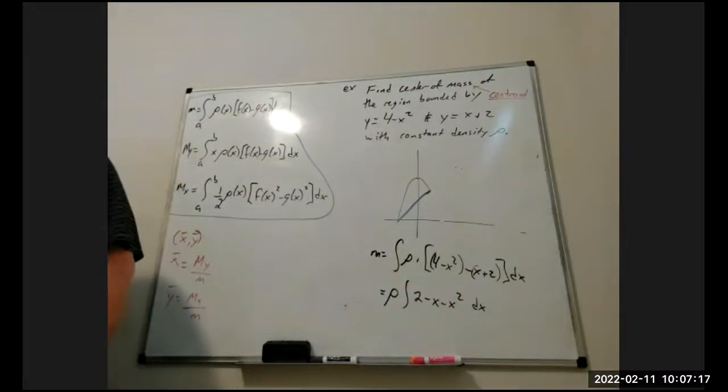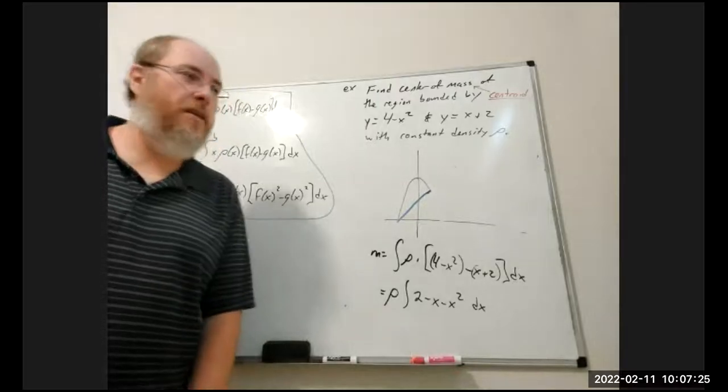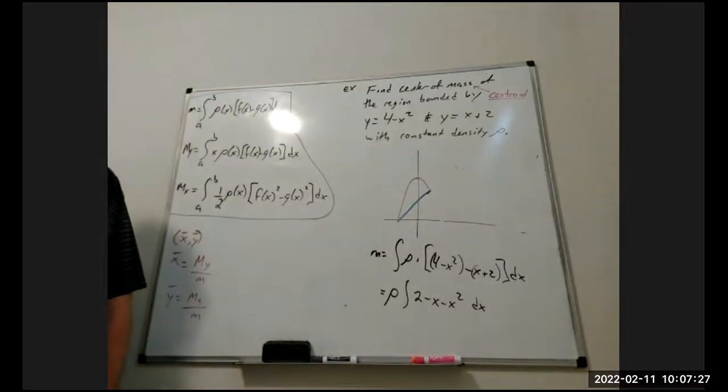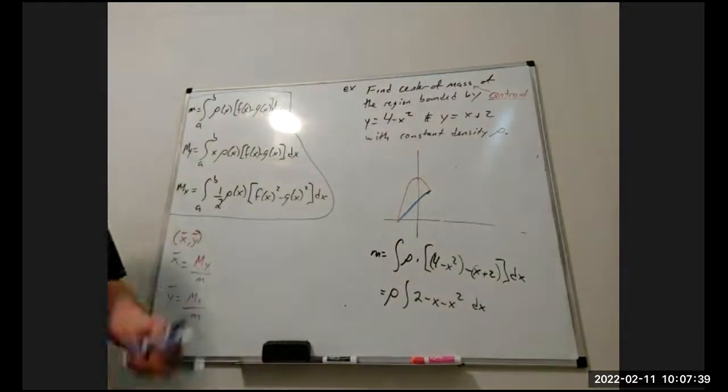But of course, we still need to get bounds on that. Uh-oh. Where are the bounds? Or how are we going to figure out those bounds? Set the two equations equal. There you go. Find the intersection points just like always. Thanks, Deanna. Yeah, we're going to set those things equal to each other and solve.